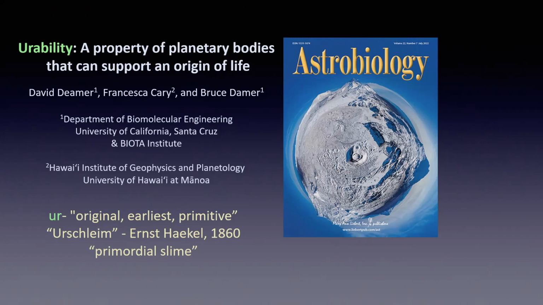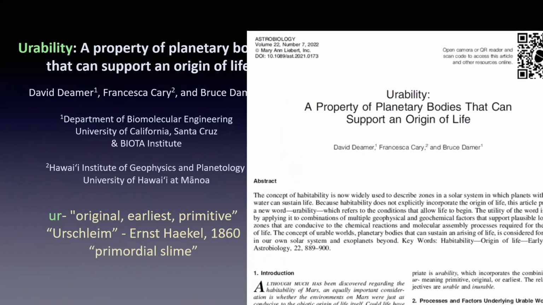He was German, and that means the primordial slime that he thought was on the bottom of the ocean. And he just proposed that that's where life could begin, in the Urschleim. So keep that in mind as we get a little bit further. It's a real word in the sense that it's made up of two words, one of which simply means primitive or first. So there we are.